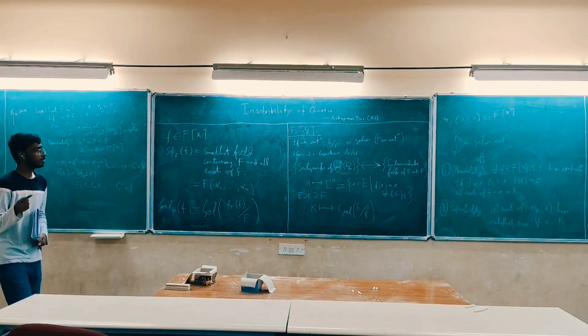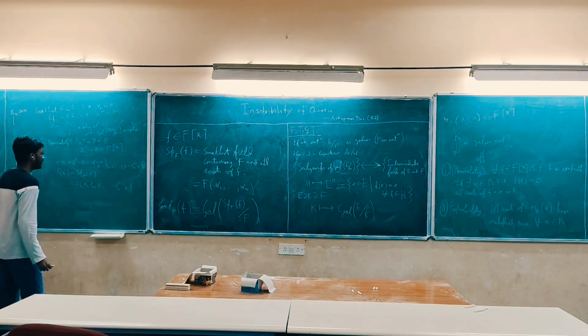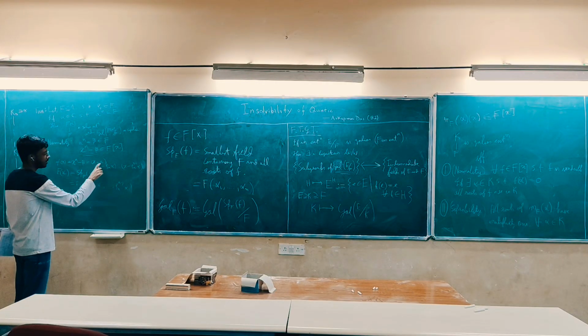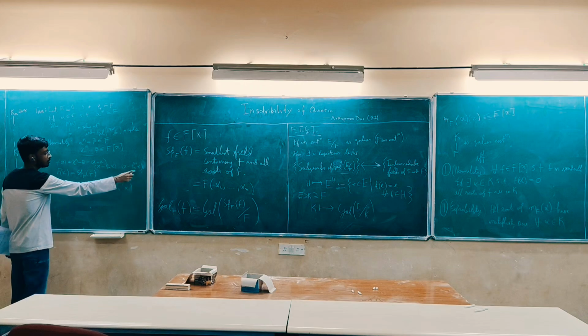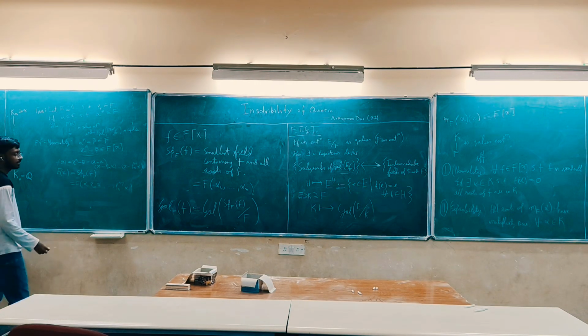Right, I will need to verify the normality and separability. For normality, we can check that this splits into linear factors and all of alpha, zeta alpha, zeta squared alpha, up to zeta^(n-1) alpha are in F(alpha). So this extension is a normal extension. Similarly, for separability, the only minimal polynomial we have to check is the minimal polynomial of alpha, and that will divide x^n minus beta. Same there, only multiplicity one roots are there. So it is both a normal and separable extension.